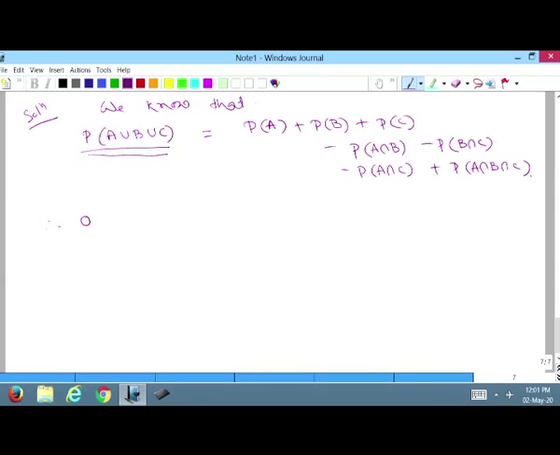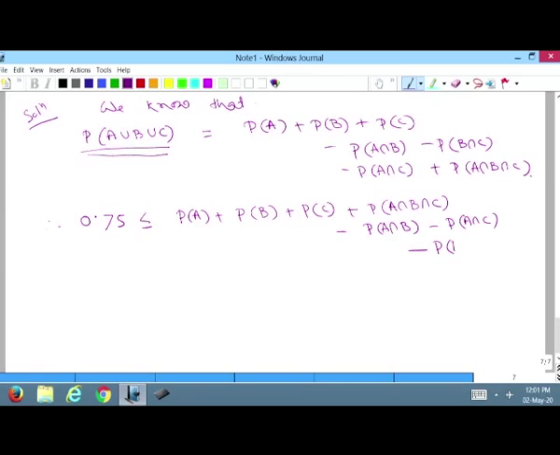Therefore, 0.75 is less than or equal to probability of A plus probability of B plus probability of C plus probability of A intersection B intersection C minus probability of A intersection B minus probability of A intersection C minus probability of B intersection C, which is again less than or equal to 1.